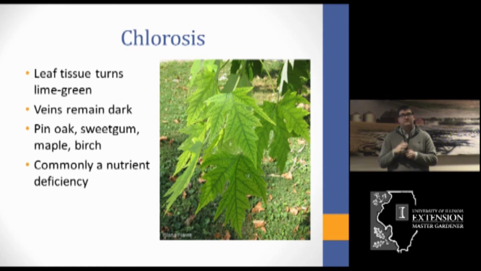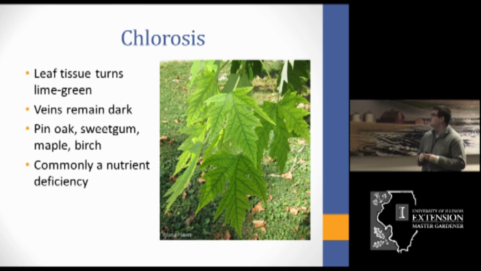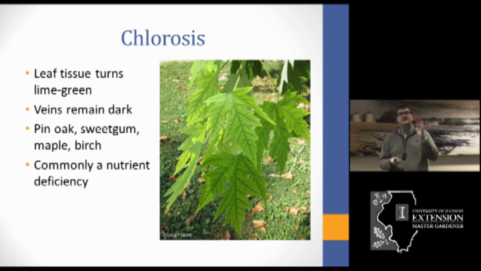Another common plant problem we saw this year was chlorosis. What chlorosis is, like you can see in the picture, is that most of the leaf tissue turns a bright lime green or yellowish color, but the veins remain dark green. Chlorosis is caused by a pH imbalance in the soil.